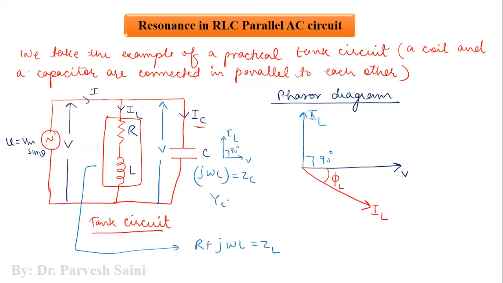So YC is equal to 1 upon ZC, that is 1 upon j omega C, and YL is equal to 1 upon ZL.